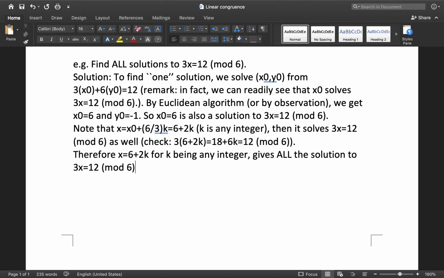Okay, so we got all solutions already. But of course I haven't shown you why it will always give you all the solutions. I'm just saying they should give you all the solutions, but what is the reason? So I have to give you the reason as well. But at this moment, this is the solution for the problem.